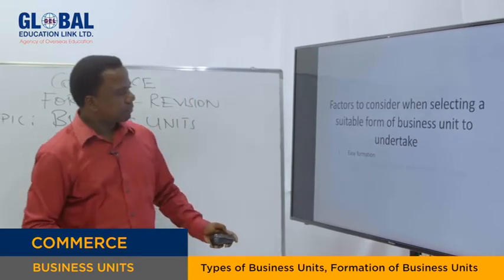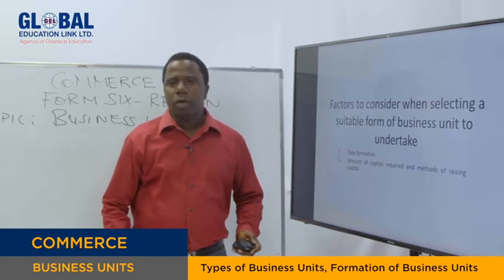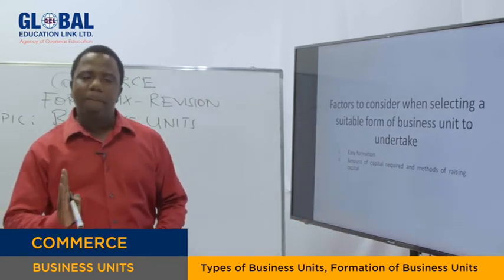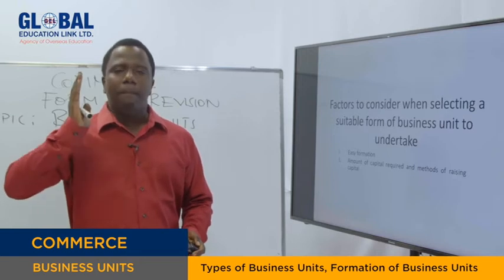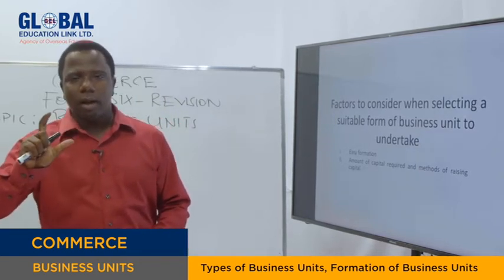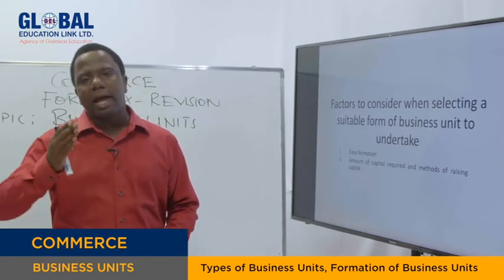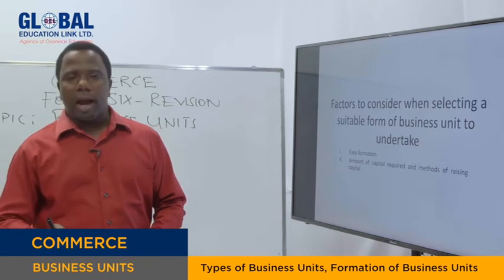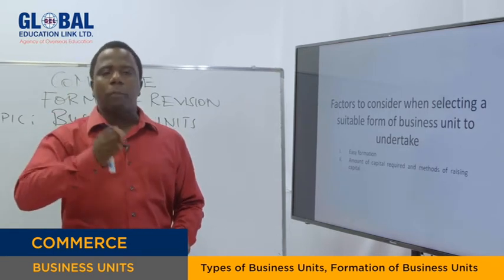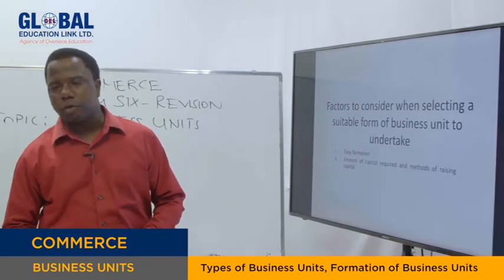Number two is amount of capital required and method of raising capital. You must consider this. There are some business units which need large capital. For example, a company, being a public company or a private company, needs large capital, while a sole proprietorship or sole trade needs just a little capital.